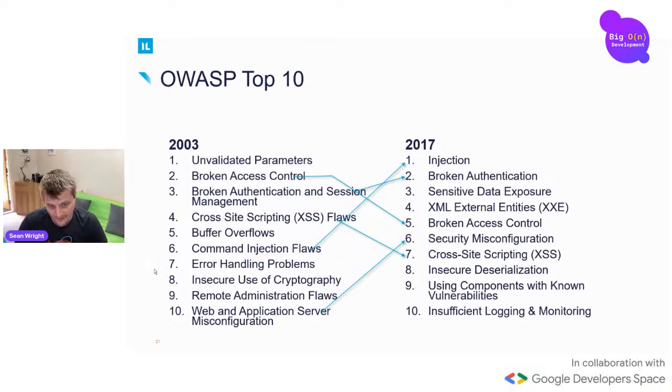If you compare those two lists, 14 years, so a decade and a half ago, 5 of the top 10 are still in the same place or still within that list. So after 14 years, we still haven't solved many of the issues. So obviously something's not right. The way we're doing it is not right. So we need to take a step back and have a look at the way we're approaching some of these things.